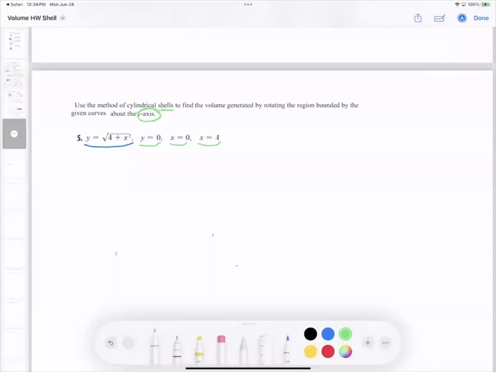Let's take a look at a visualization. Before visualizing the 2D object, let's see at what value this guy hits the x-axis. So set y equals the square root of 4 plus x squared equal to 0.